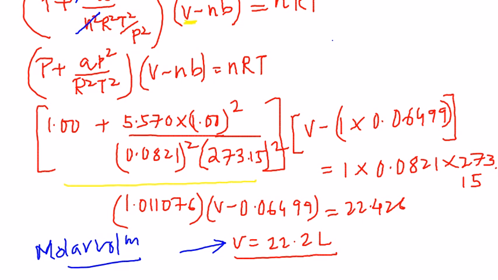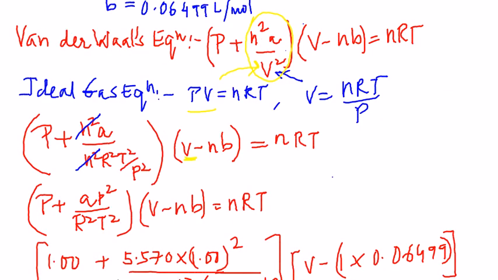Okay, now if you have to find out the volume with the help of the ideal gas equation, then you want to use this expression out here. So you can simply plug and play. I'm going to use a different color for that.